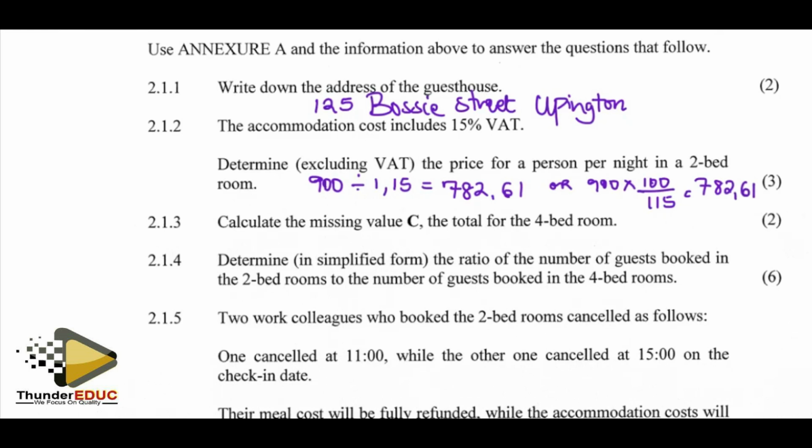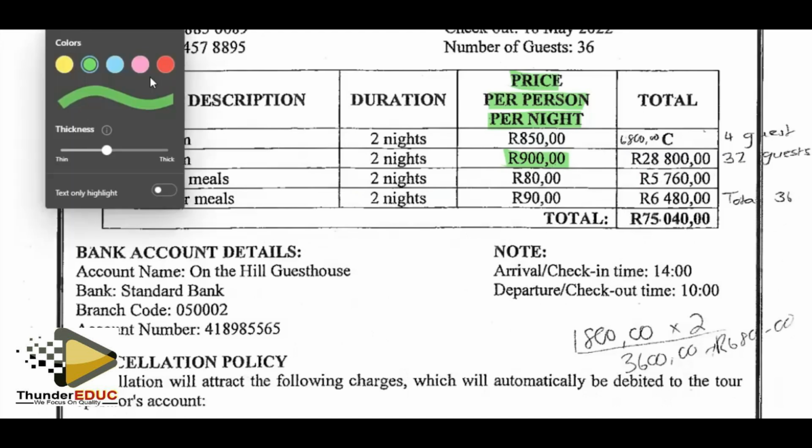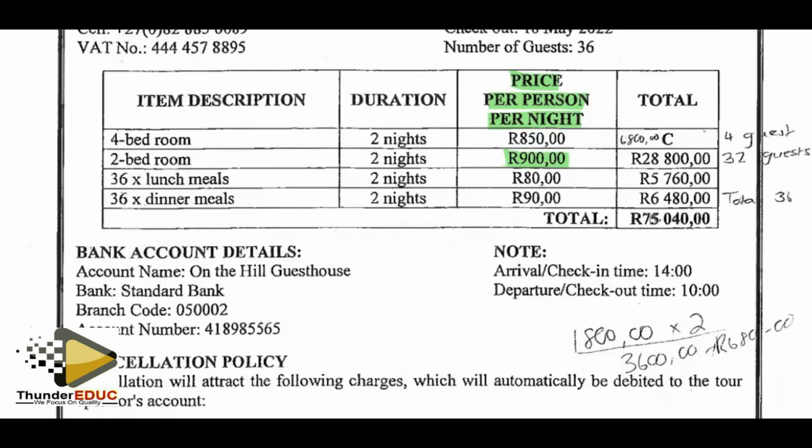Would still be right. Get the missing value of say the total for 4-bedroom. So all we are going to do, let's go to the next page and we shall analyze. Look at this. We already have the total.